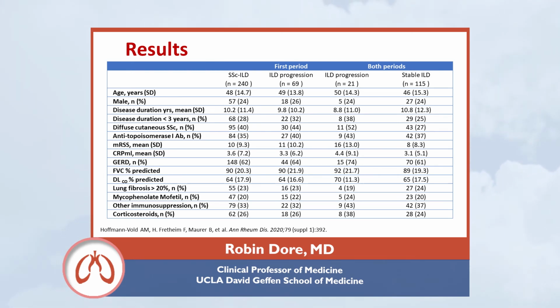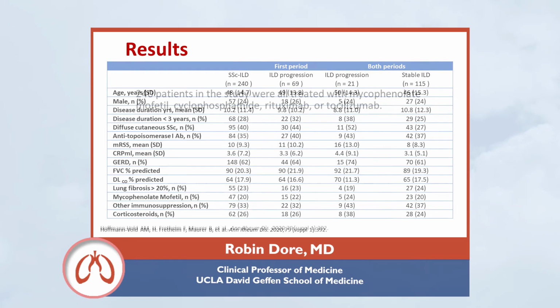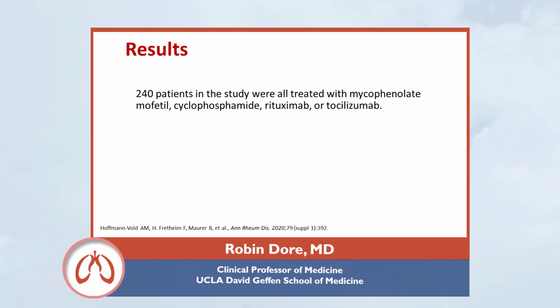So all things that in the past have been correlated with a decline in lung function. All of these patients were treated with mycophenolate mofetil, cyclophosphamide, rituximab, or tocilizumab.